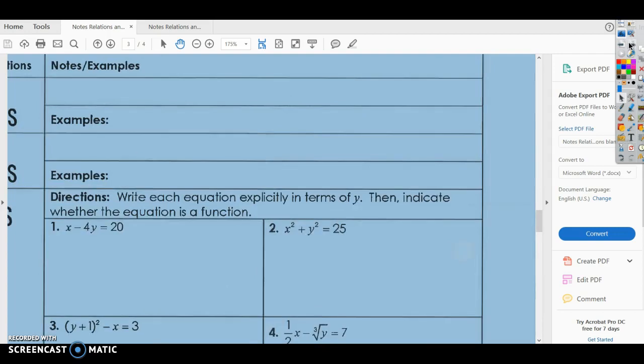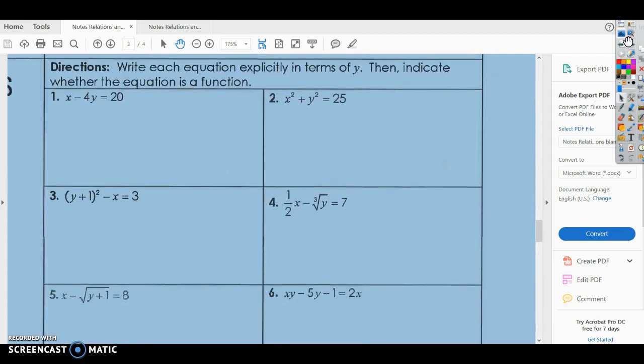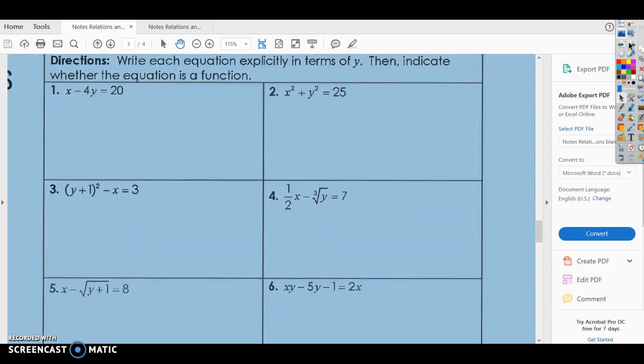Okay, so I'm going to blow this up a little bit, so bear with me just a second. All right, if I look at example 1, then I'm going to see that I want to solve for y. And so I have to first move x to the other side.